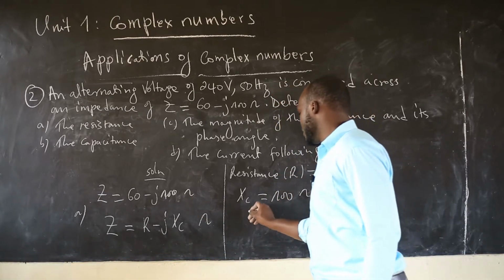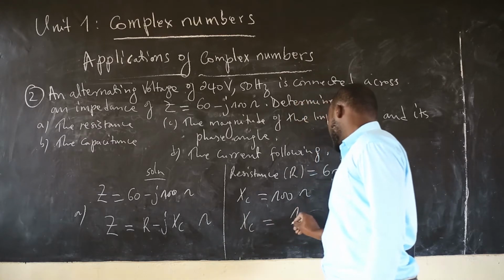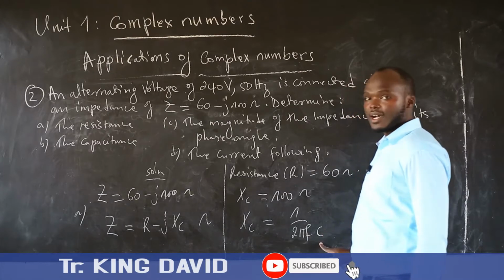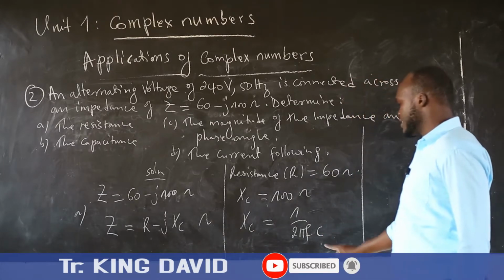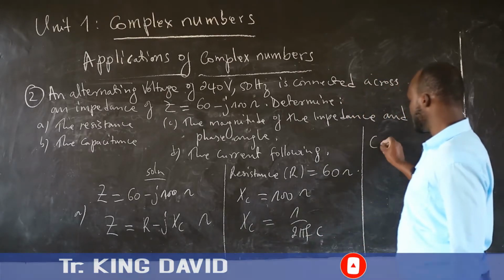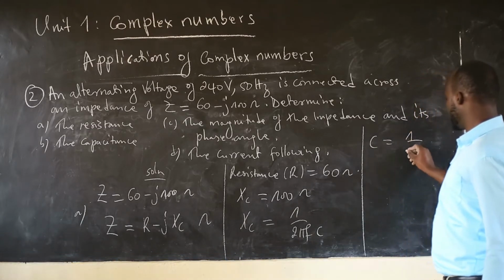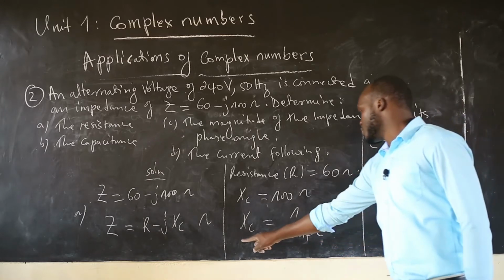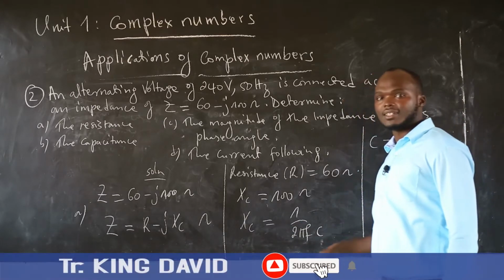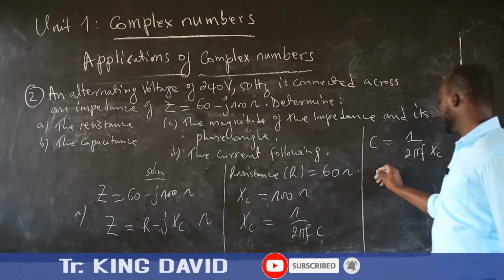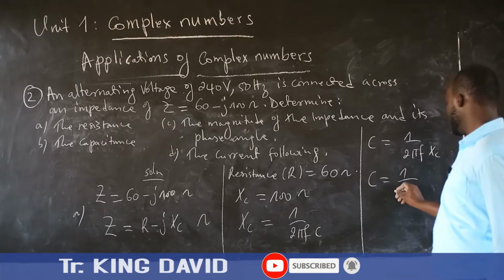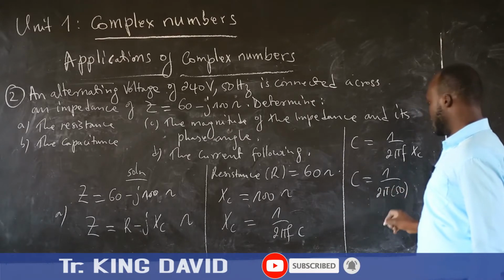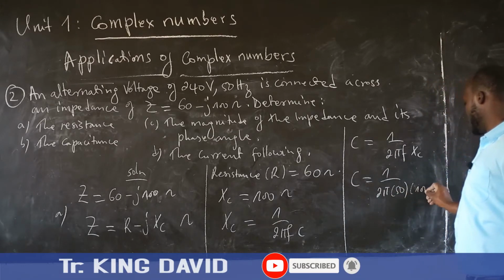And you know XC equals 1 over 2 pi FC. This C is the capacitance. To make C the subject of the formula, C will be equal to 1 over 2 pi F XC. We just cross multiply. Then C is equal to 1 over 2 pi times F, which is 50, times XC, which is 100.